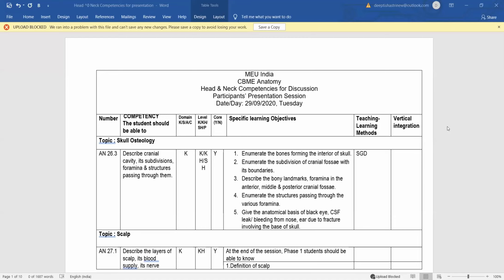Madam, I feel... one more is there before Dr. Sharmila answers. Can you use the verb give? Give the anatomical basis. That give can be used. Yeah, because give cannot be measured. Dr. Swati, ma'am, you have raised your hand.